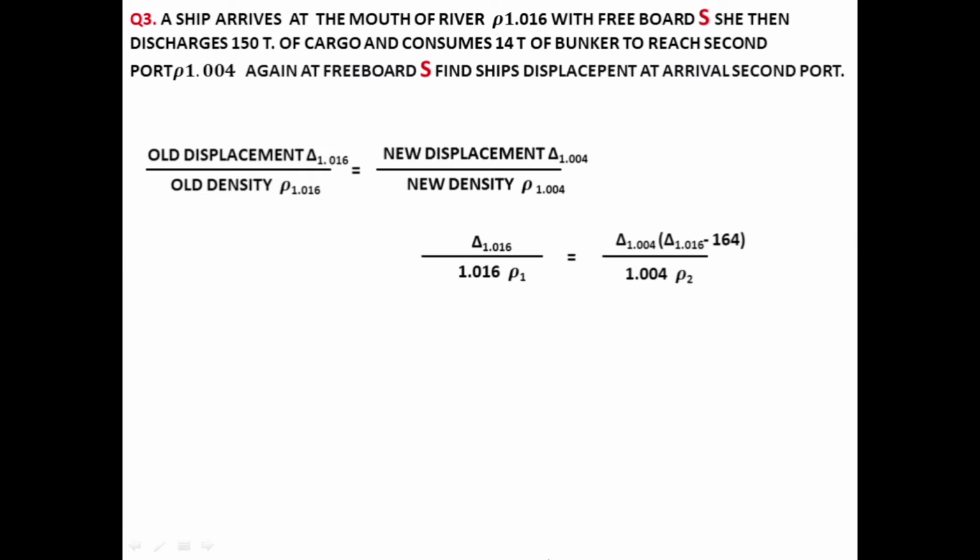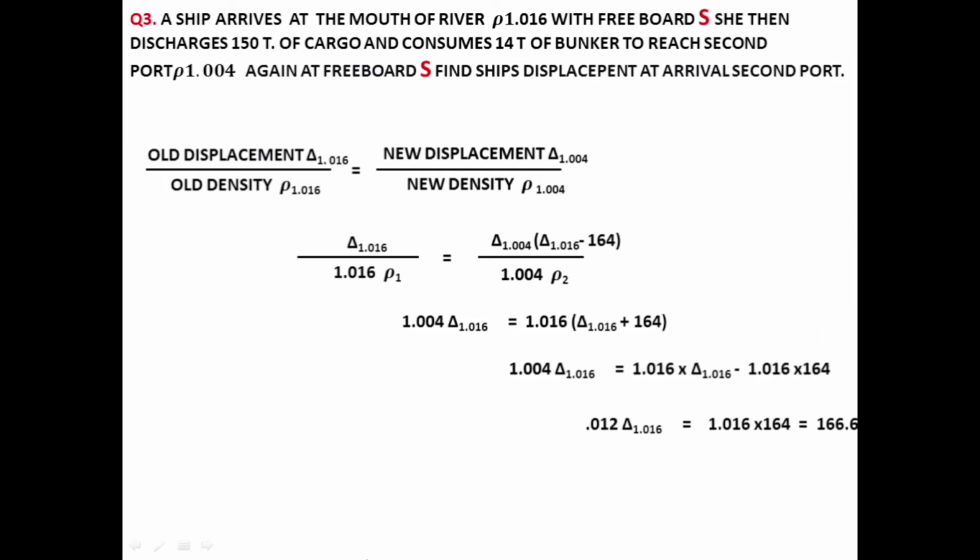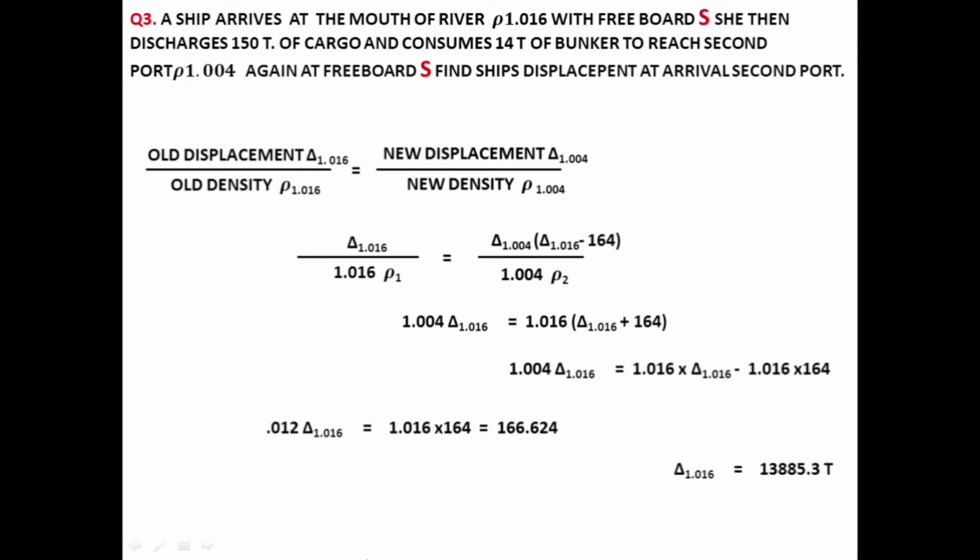What is my new displacement here? Whatever was my displacement here, and now I have discharged or consumed, so minus 164. And solving this, I get my displacement in relative density of 1.016.